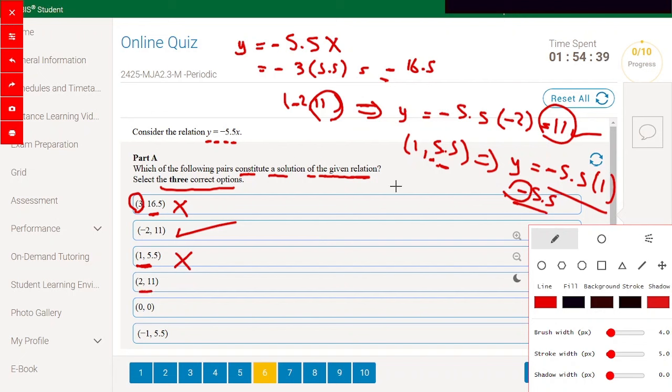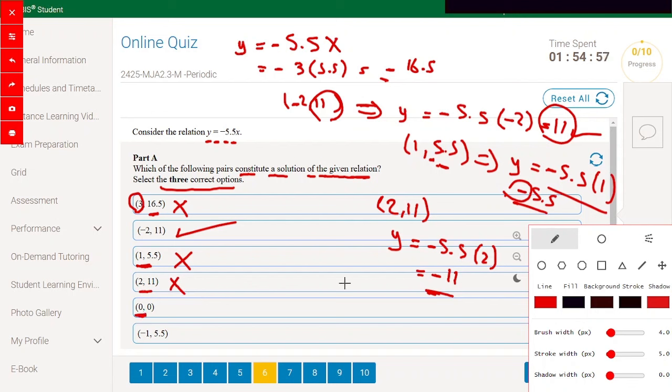Then 2 and 11. So again, y equal to minus 5.5 multiply 2, which is equal to minus 11. Here it's 11, so it's not the right answer.